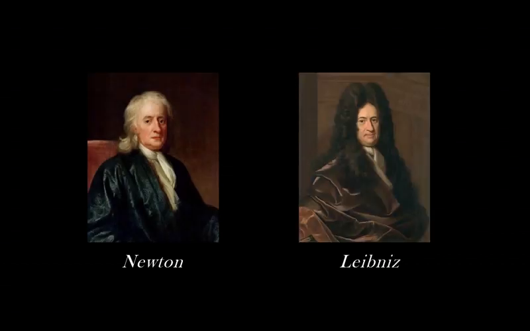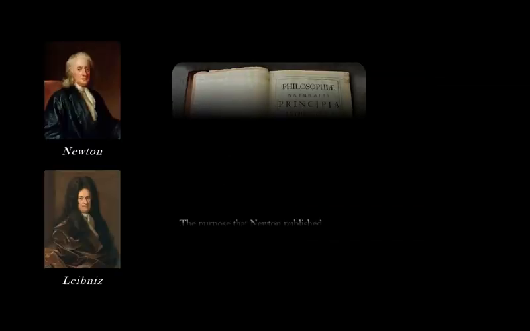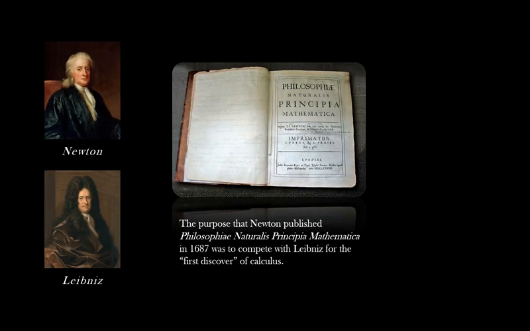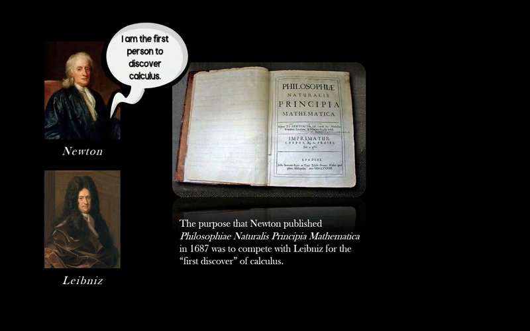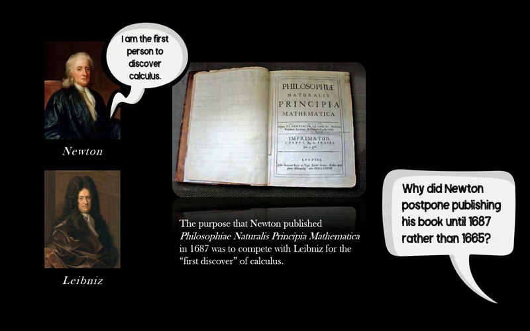Newton and Leibniz vying for the right to invent calculus is a famous event in the history of science. The purpose that Newton published Philosophiae Naturalis Principia Mathematica in 1687 was to compete with Leibniz for the first discovery of calculus. But why did he postpone publishing his book until 1687 rather than 1665?